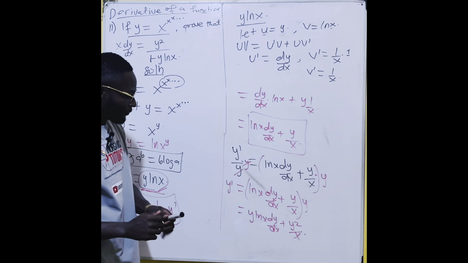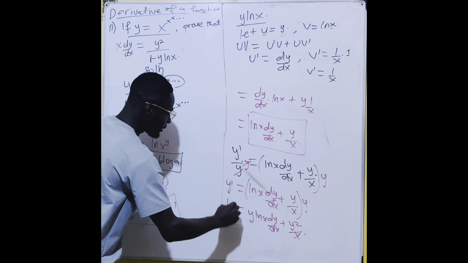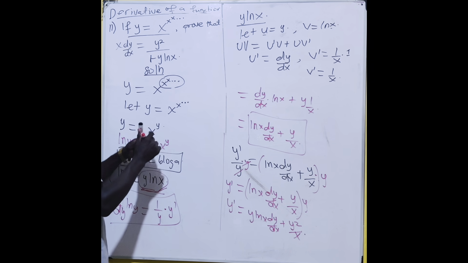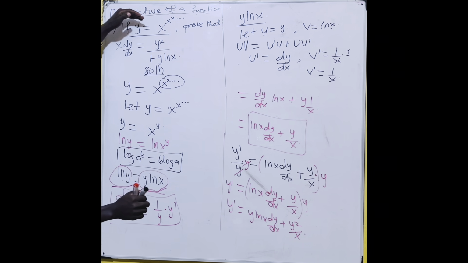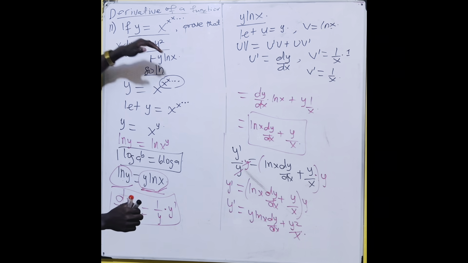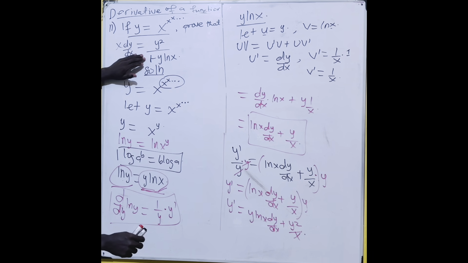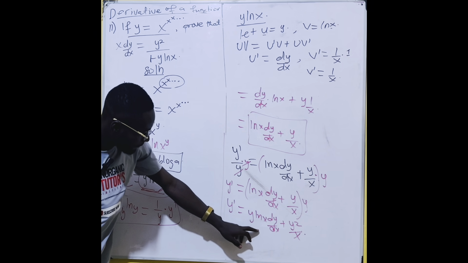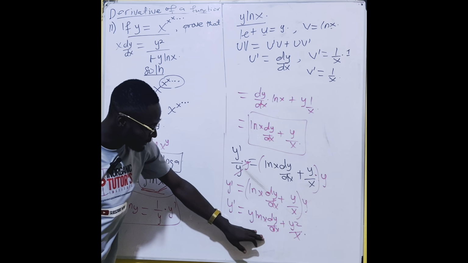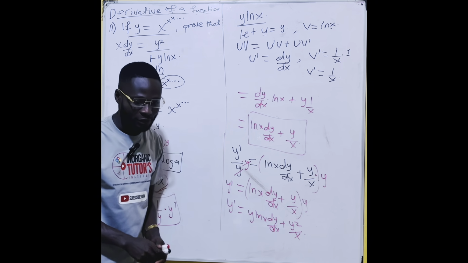So from here, since we want to use this to prove this, we have to make sure that we arrange this to resemble this, right? So we have to make dy/dx the subject, but we don't need this x to be here, okay?